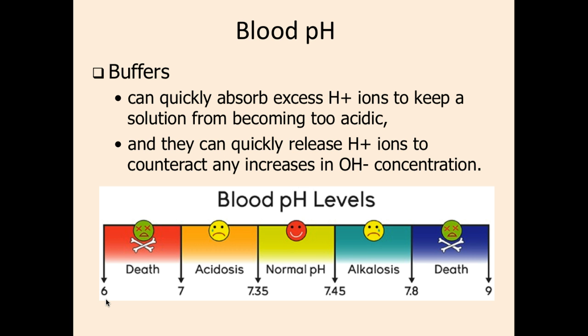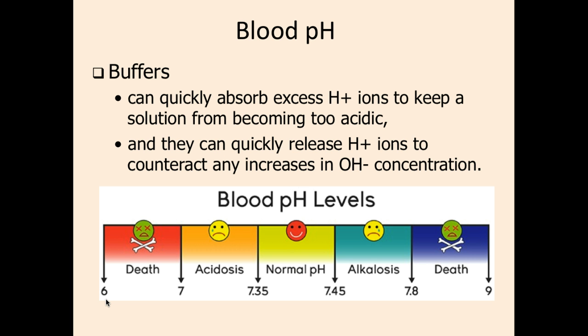If it becomes even slightly more acidic, closer to 7, we suffer from acidosis, which is dangerous to life-threatening. If it becomes slightly more basic, 7.45 to 7.8, we suffer from alkalosis, which is equally dangerous and potentially fatal. And outside of either of those ranges, even more acidic or even more basic, death can occur.